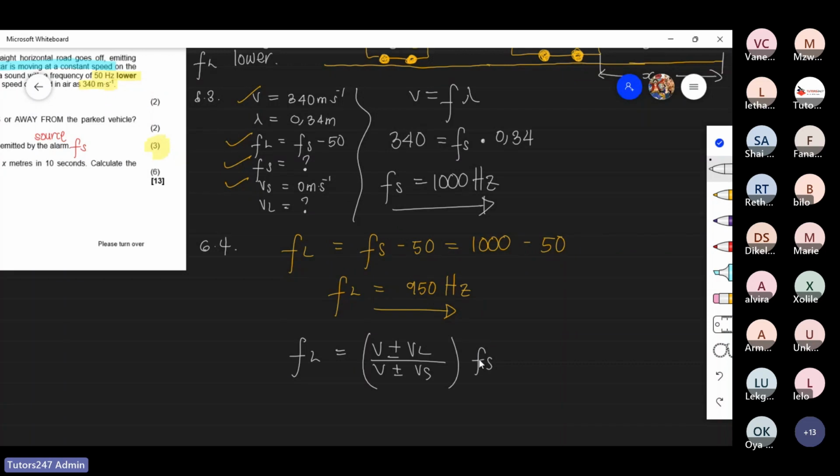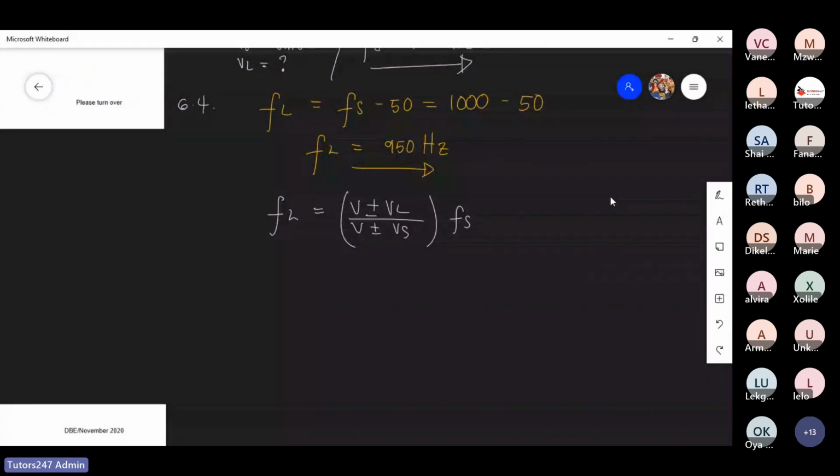Keep in mind that the whole reason that we are using this equation is to calculate the speed of the listener. That is the only reason that we are using this equation. Once we find the speed of the listener or the velocity of the listener, we can then substitute that into the equation we discussed earlier: displacement equals velocity times time.